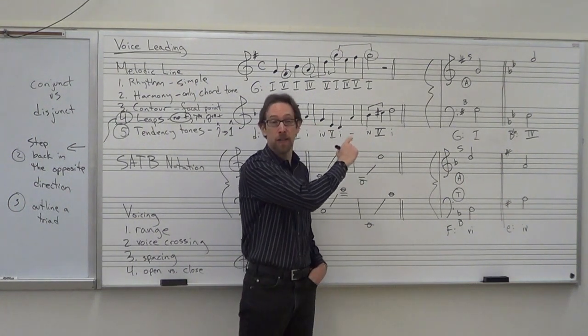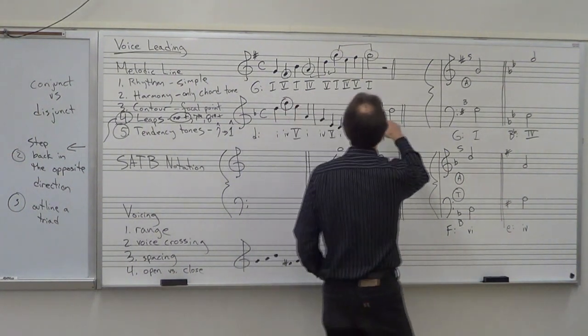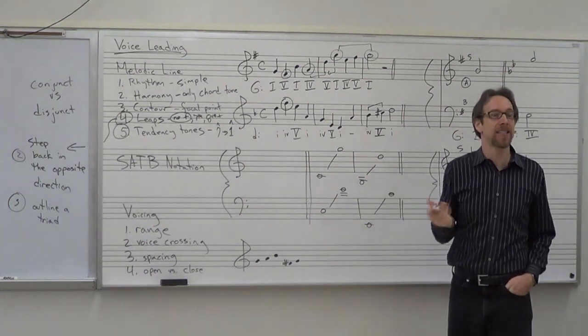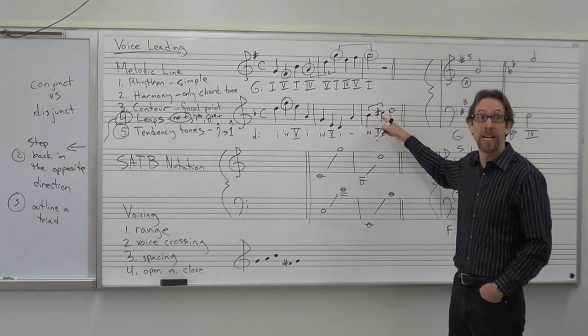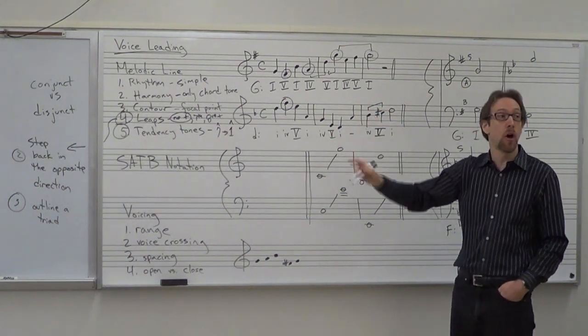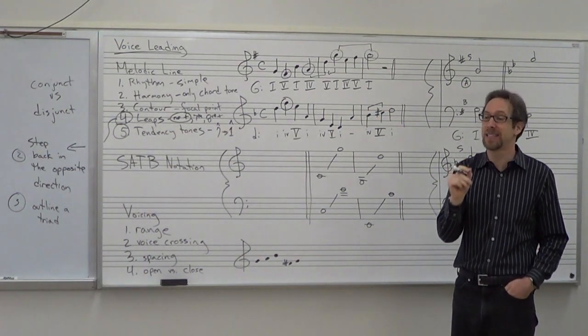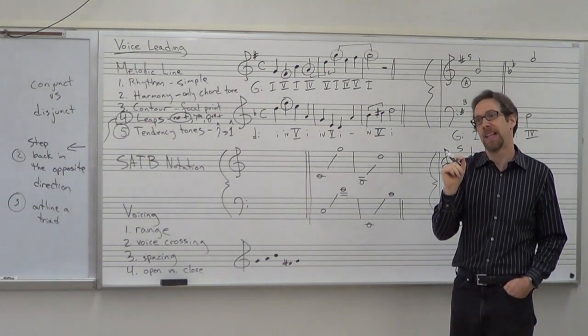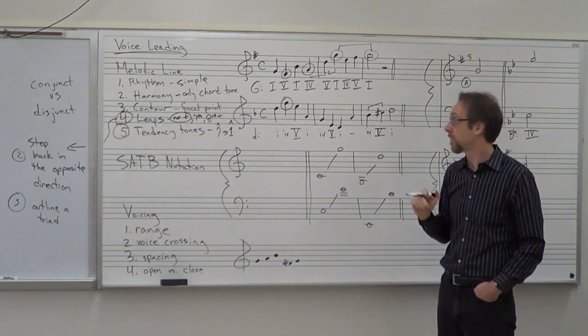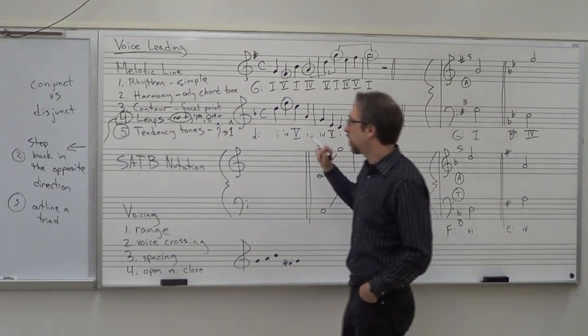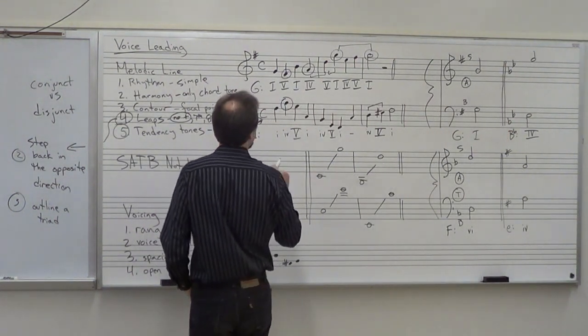In a major key, if this was D major, B, C sharp, D would sound fantastic. But in minor, because it's a B flat and we're raising the leading tone, it becomes an augmented second. And it does not sound as smooth as what we want. So we have an awkward leap there.